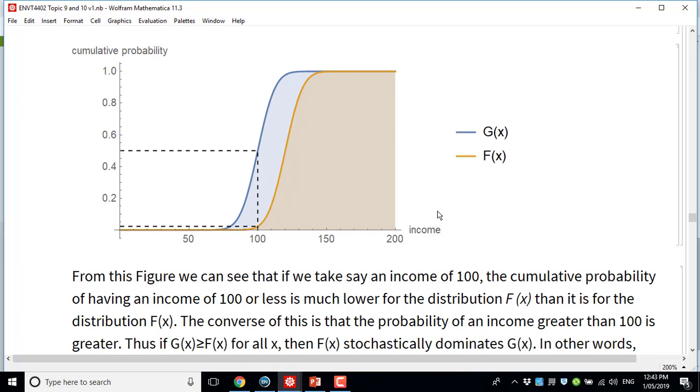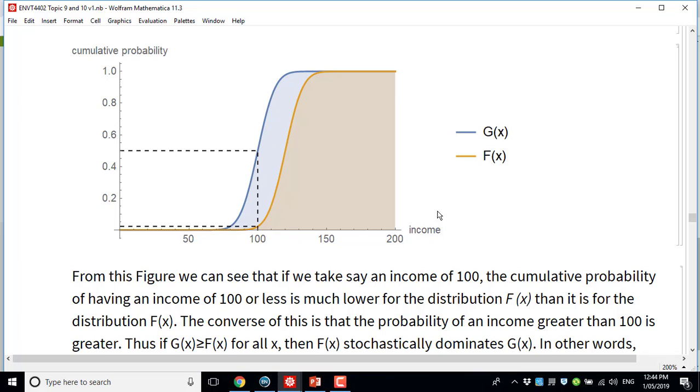What is the probability of getting $100 or less under these two probability distributions? In the case of the blue one, that's somewhere here, whereas with the orange one, it's very low. So let me ask you, which one would you pick, given this kind of distribution? Orange or the blue one?